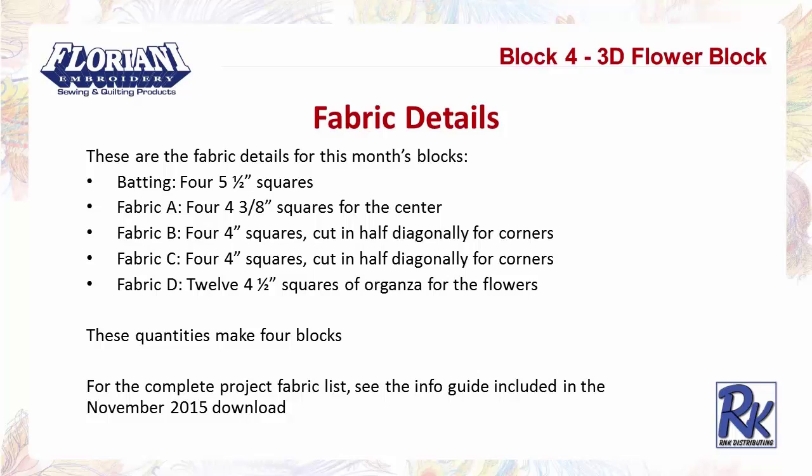So you're going to end up with a total of 8 pieces for fabric B and 8 pieces for fabric C. Fabric D, you're going to need 12 4.5" squares of organza for the flowers. These quantities make 4 blocks, so all 4 blocks. And for the complete project fabric list, see the info guide that was included with the November 2015 download.